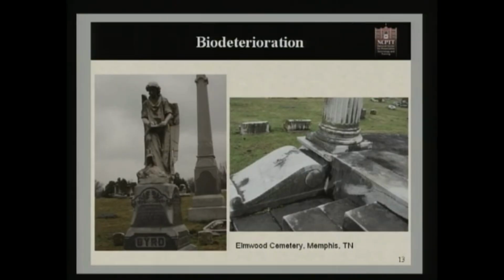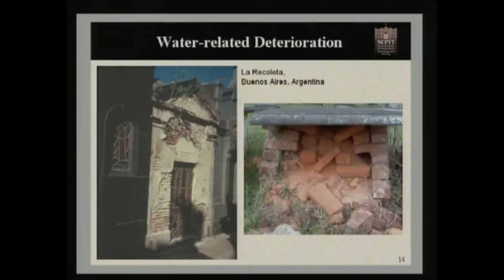But in order for biological growth to grow, they need water, and water-related deterioration, on the next slide, is the type of thing that we see often. Water-related deterioration can be as simple as rising damp from monuments that are in contact with the ground to more complex issues.